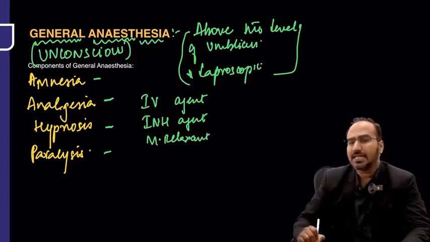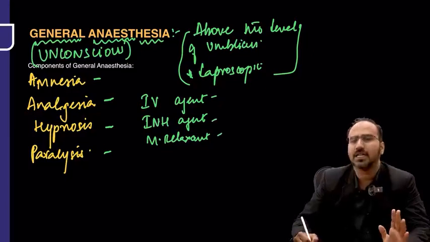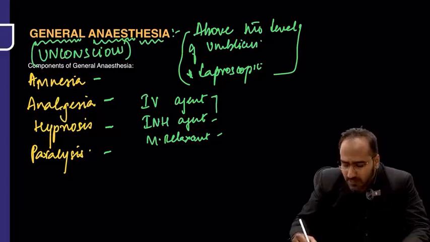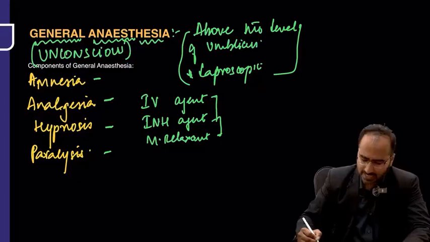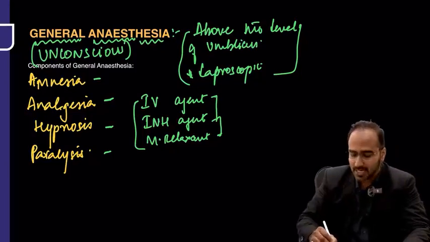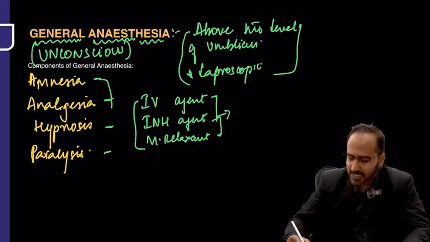So, in general anesthesia, will you only use one agent? No, sir. We are using a combination of IV agent, inhalational agent, and muscle relaxant. As we are using a combination of these three drugs to achieve our aims, general anesthesia is also called balanced anesthesia technique.